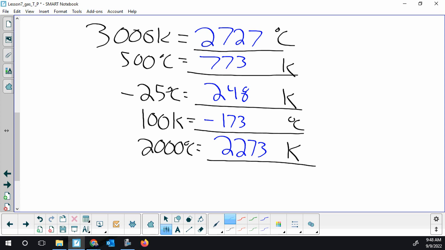So hopefully you're able to get through those 5 conversions. As a big warning, there's definitely going to be errors made with this. Never use degrees Celsius in calculations. The question might give you degrees Celsius. I may ask you for the answer in degrees Celsius, but you can't use it for your math.